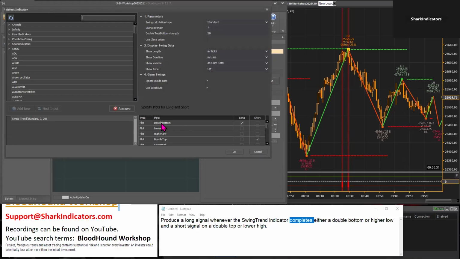So when there is a double bottom, double top, lower low, or lower high, what's being output in these plots is the price value. Price is almost always positive, except for some commodities where it can go negative, but let's just say it's always positive to keep things simple.